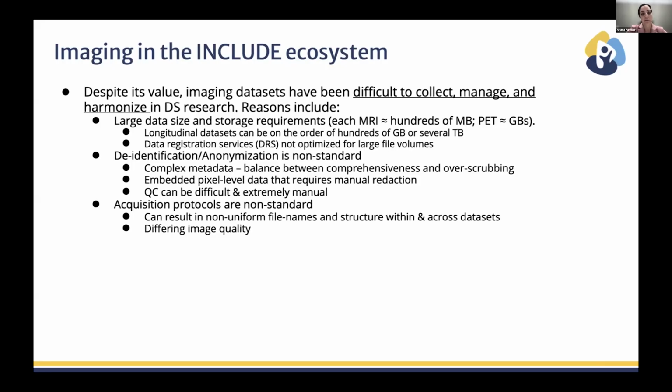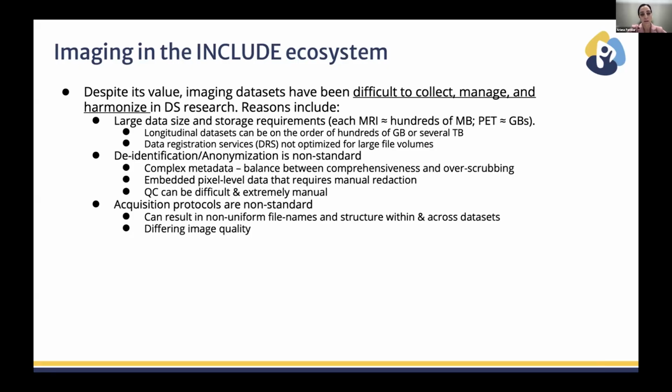Another challenge, particularly across different studies, is that acquisition protocols, or the parameters with which images are collected, can differ and are also non-standard. There can be differences in image quality across different sites or different studies, even if looking at the same type of image.